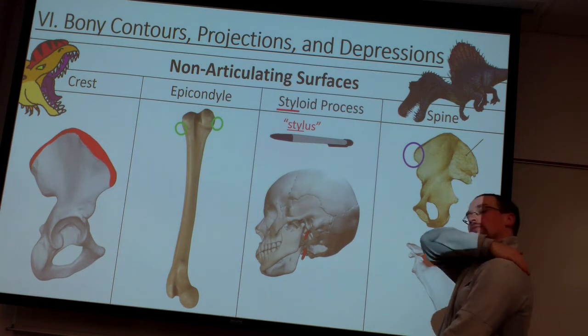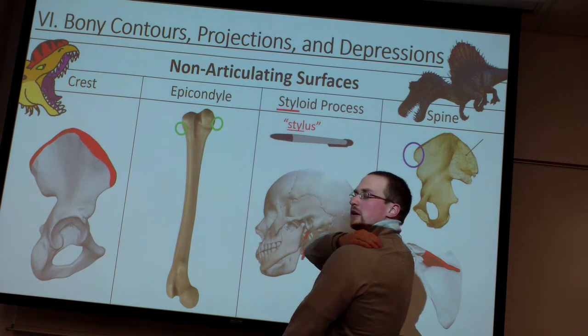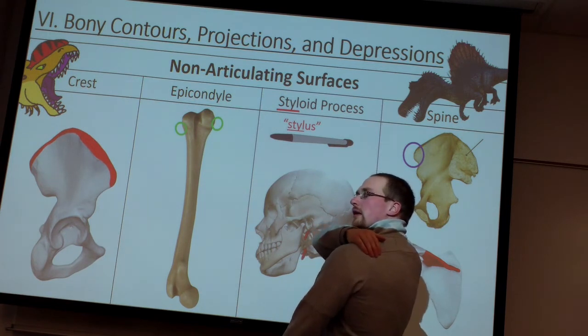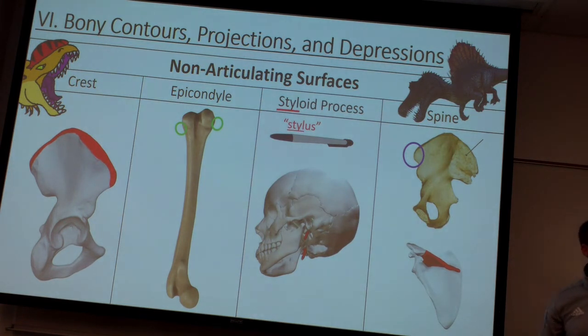If you take your hand and feel your traps here, they go just below that. That's going to be the spine of your scapula. Big Spinosaurus, dinosaur fans, got a big old spine on its back. Kind of a similar idea.